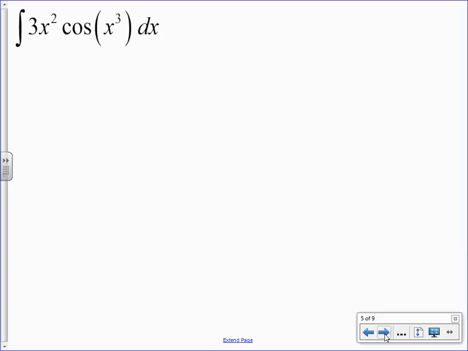Now, we have a composition of a function times another function, which means this is perfect for u substitution. What do we want u to be? Which means du is 3x squared dx.